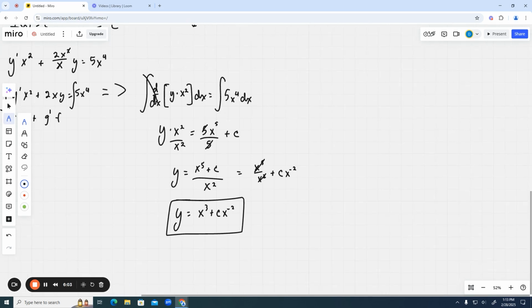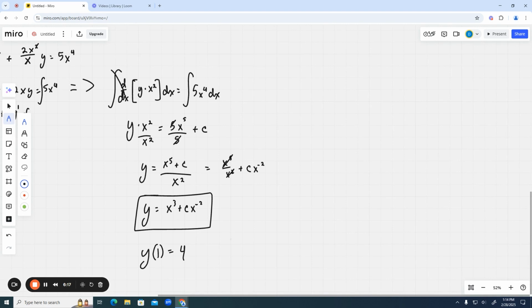And that's our general solution for this equation. If you were given some initial value, these would come in the form of y of, let's say, 1 is equal to 4. You would be able to evaluate this equation simply by 4 is equal to x to the third plus c times 1 to the negative 2.